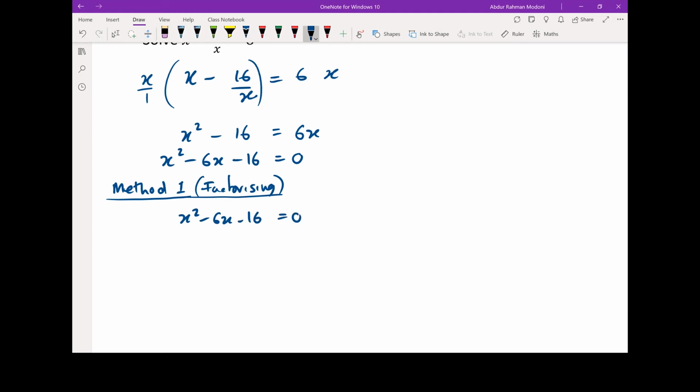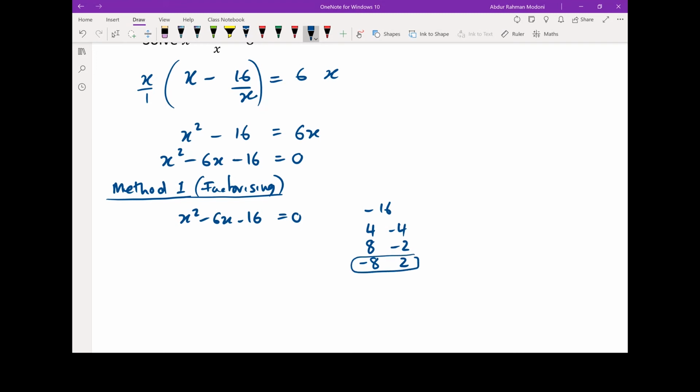And let's find the factors of minus 16 that multiply together. Well, first of all, the factors of minus 16 are 4 and minus 4, or we can have 8 and minus 2, or we can have minus 8 and 2. And we're looking for the pair that add up to give us the minus 6, which is this pair here.